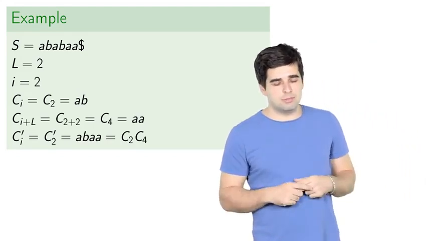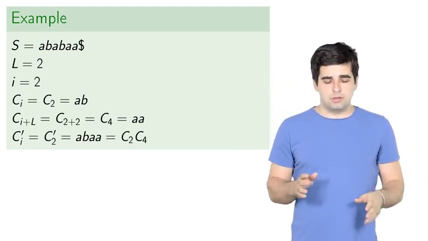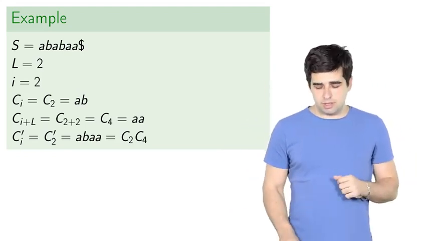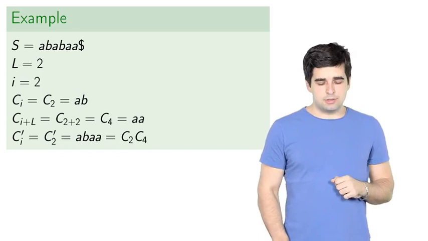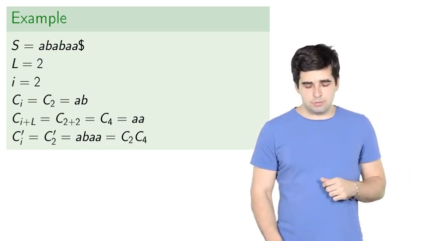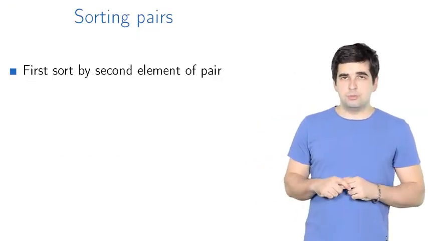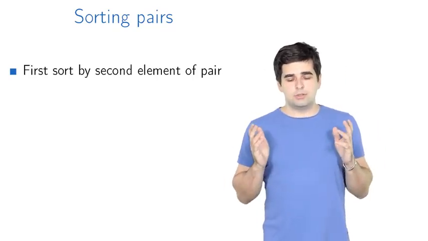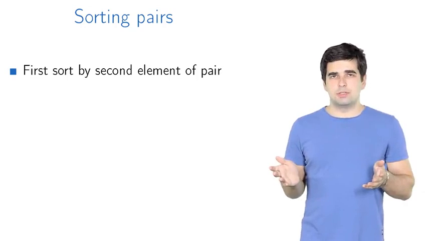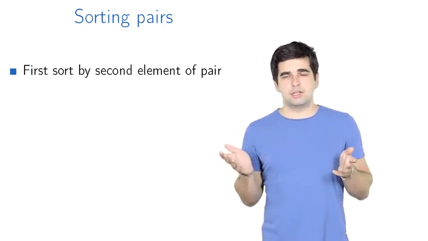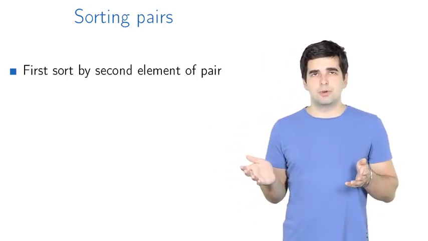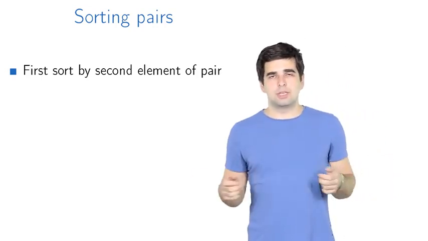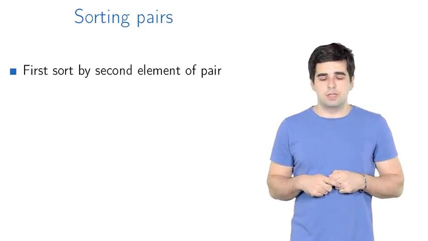Some of the cyclic shifts can be equal to other cyclic shifts starting in different positions. So C_i can be equal to C_j, and then they should be in the same equivalence class. To assign equivalence classes, we define the array class, and class of i is equal to the number of different cyclic shifts of length L that are strictly smaller than the cyclic shift starting in position i.